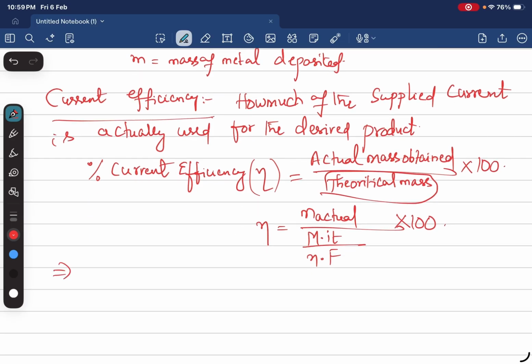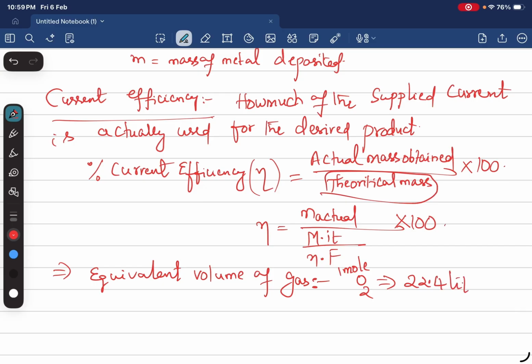An additional point is equivalent mass and equivalent volume of gas, and how to calculate it. There will be some trick here. For O2 gas, 1 mole of O2 occupies 22.4 liters at STP conditions.